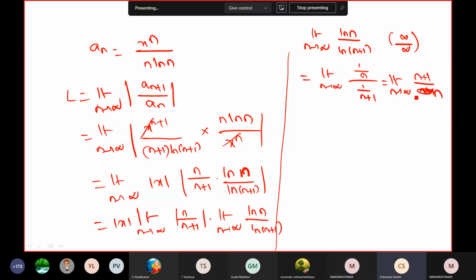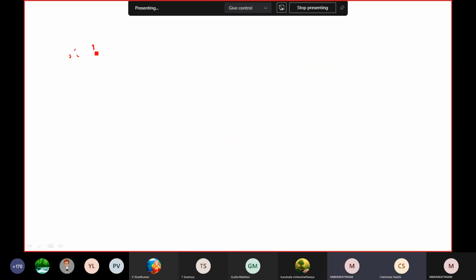What about this value? 1, sir. So mod x into 1 into 1. This value 1, this value 1. Okay? So L equal to mod x.